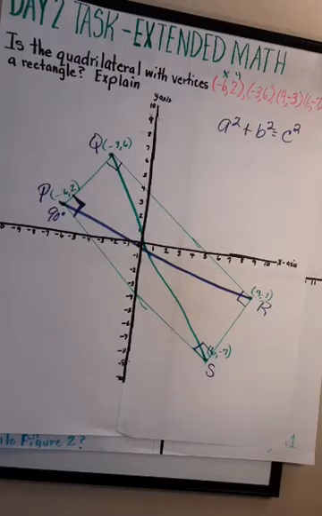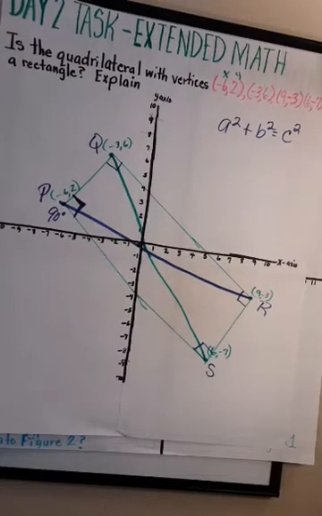And I added them in the center, along with points M and N, which will help to calculate the length. We're trying to calculate the length of the two diagonals, line PR and line QS, using the Pythagorean theorem. You already told me the formula was a squared plus b squared equals c squared. Those diagonals are nothing more than your hypotenuse, the longest side of your triangle there.